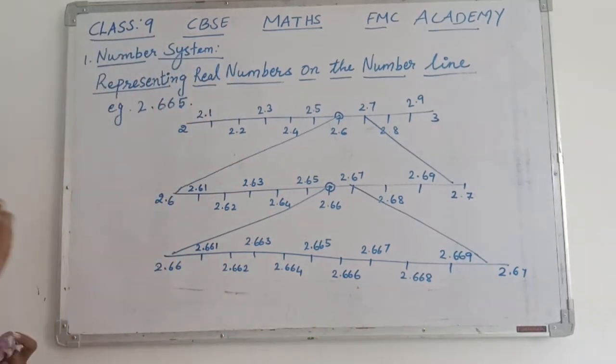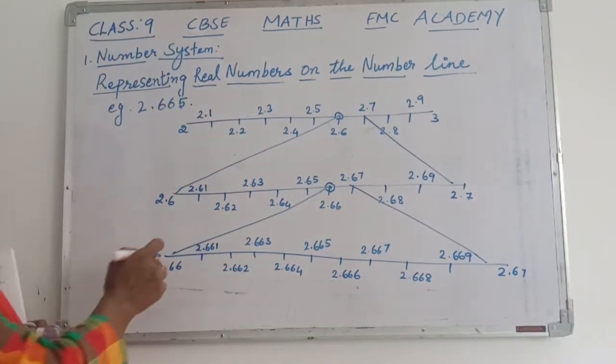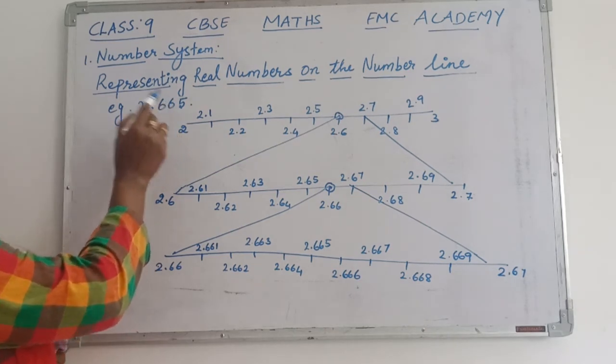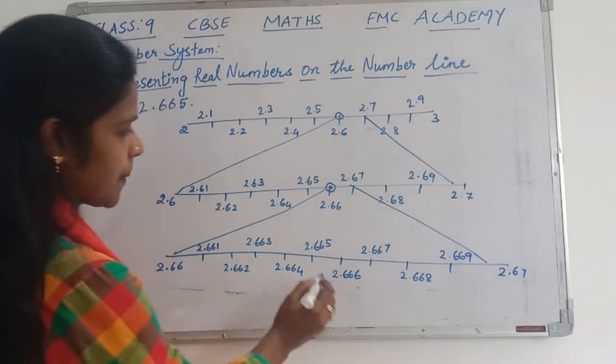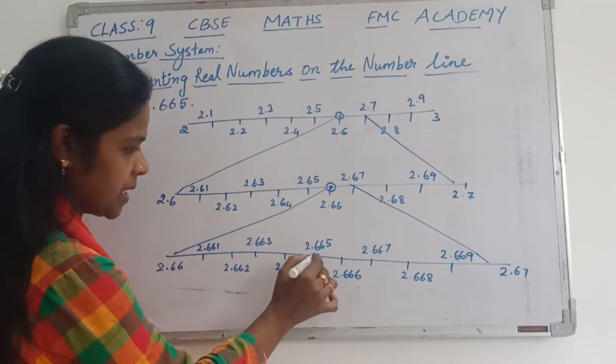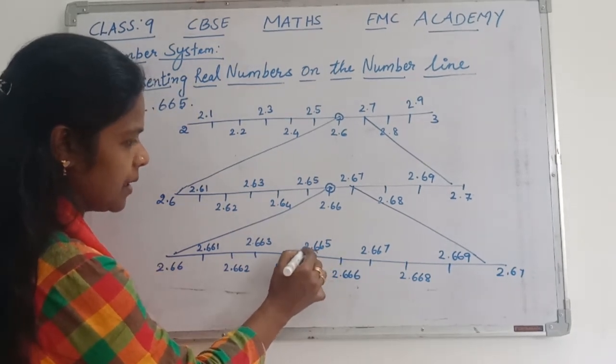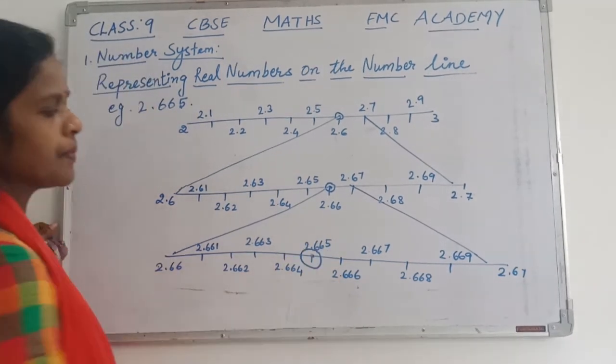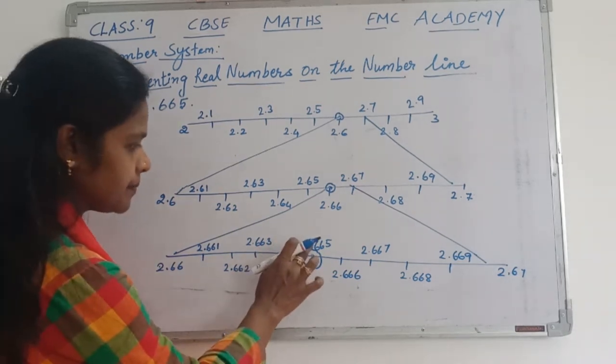Okay, done. Now just see where the number is. Actually, what is the number? 2.665. Where is it? Over here. So this is the way. We finally got the number at this place, 2.665.